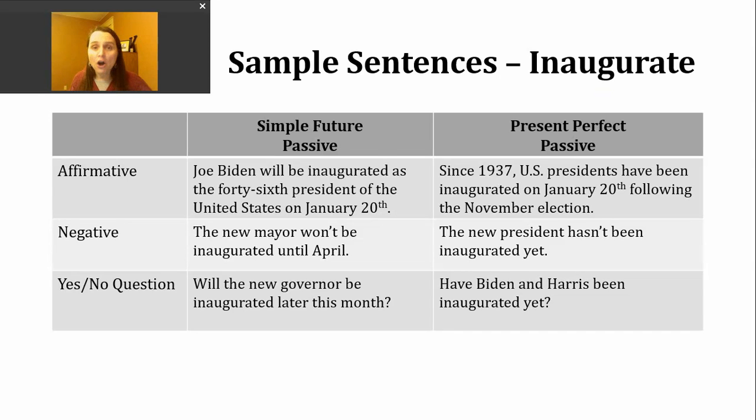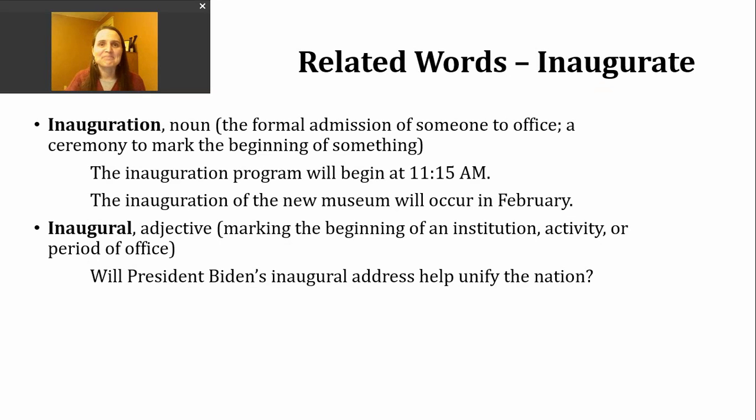We will inaugurate both the president and the vice president. So they formally become the president and vice president. Up until this point, we've been referring to them as the president-elect, the vice president-elect. And once this event takes place, they're officially it.